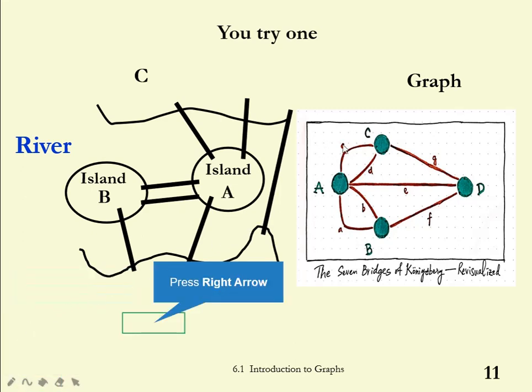I have just named the paths: A to D goes by E, and D to B goes by F. So I hope you got this graph representation.